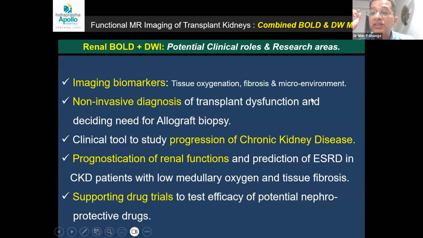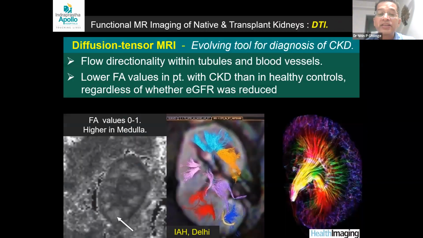This is completely non-invasive and without any need for contrast, and you need to be at least aware of this because it is going to gradually evolve into an important and robust tool for CKD, with a lot of clinical applications, a role in evaluating drug trials and research studies, and in the surveillance of renal tumors and renal lesions, in CKD as well as transplant.